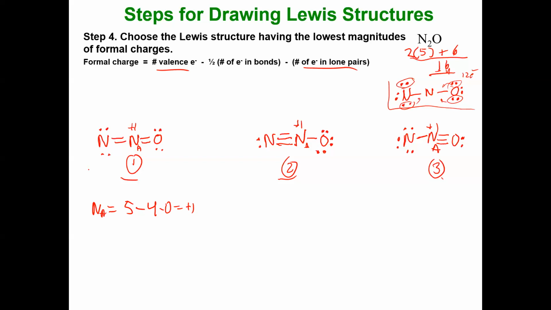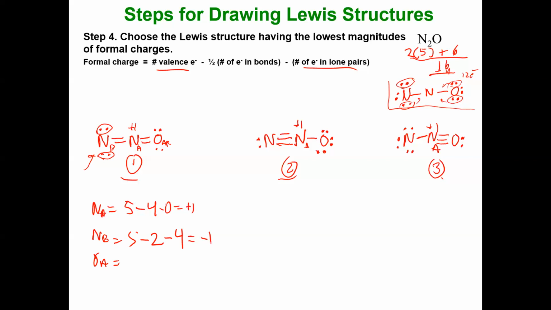So now I have to go to the individual drawings. If I look at this particular nitrogen, I'll call this nitrogen B, and this particular oxygen, I'll call oxygen A. Let's figure out the formal charges of this species. Nitrogen B: 5 valence electrons, minus 2 bonds, minus 4 electrons in lone pairs gives me a -1 formal charge.